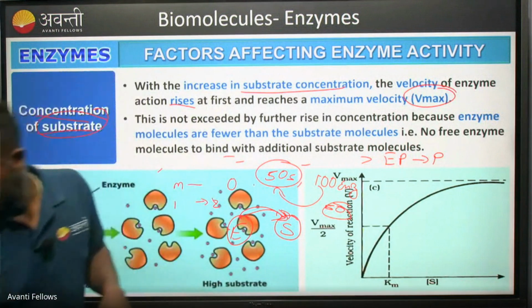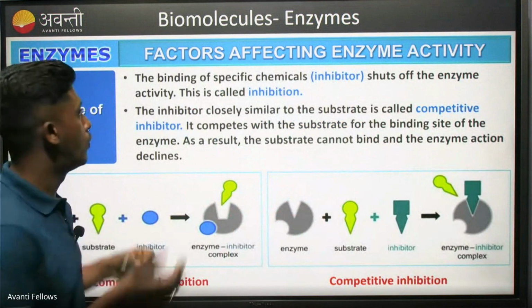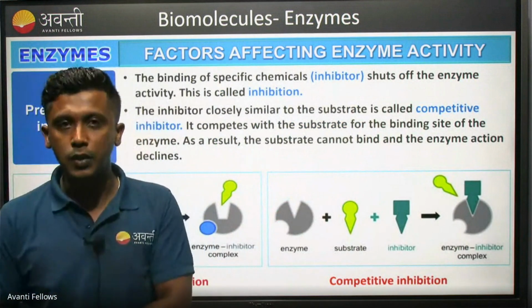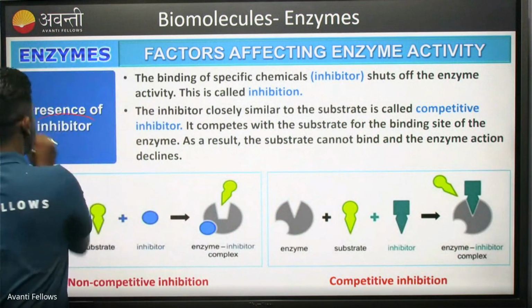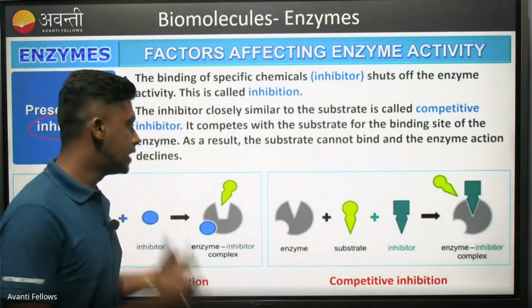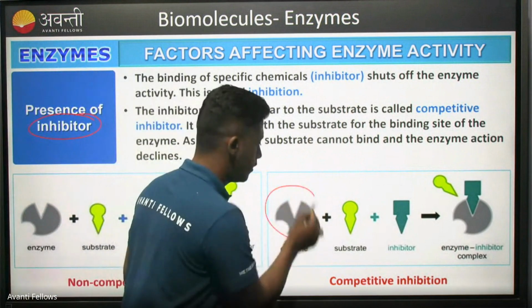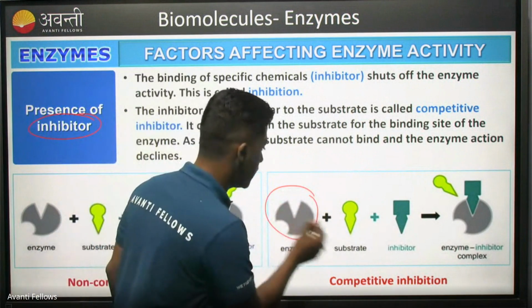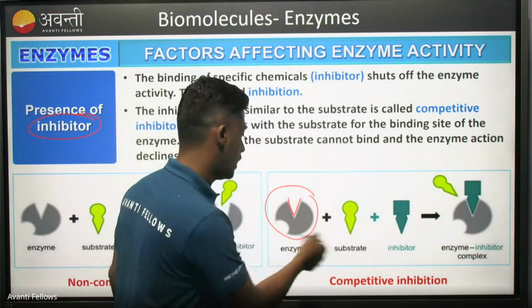Now let's talk about another factor that determines the substrate and enzyme interaction, which is the presence of an inhibitor. What is an inhibitor? We have an enzyme, and the enzyme goes and attaches to the substrate. Usually this is the occupying position of the enzyme on the substrate.